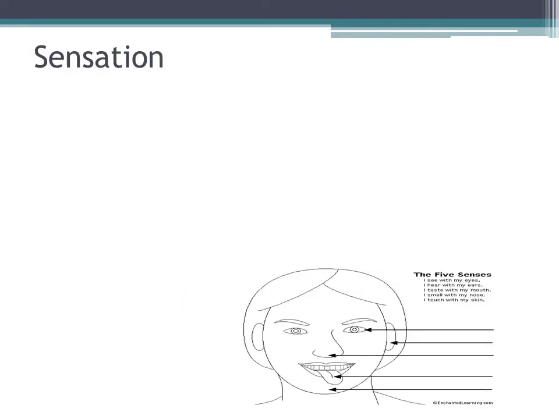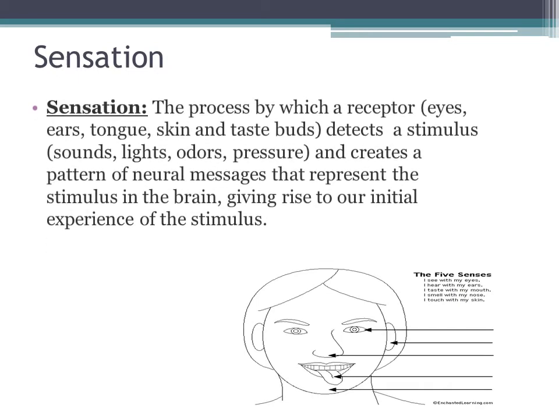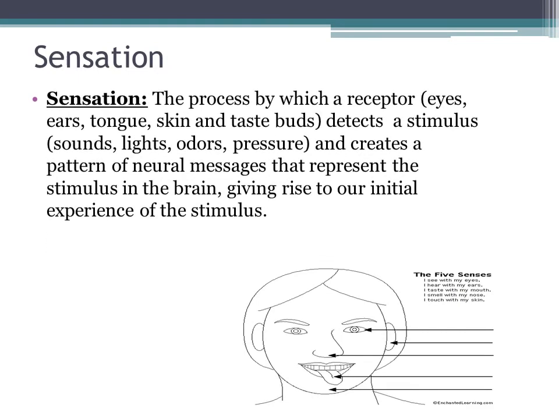Okay, so what is sensation? Sensation is the process by which your receptors, your eyes, your ears, the tongue, skin, and taste buds, detect a stimulus, which is the sound, the light, the odors, or the pressure, and creates a pattern of neural messages that represent the stimulus in the brain, giving rise to our initial experiences of the stimulus.